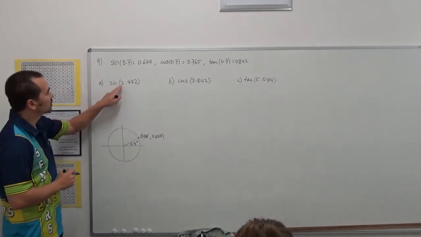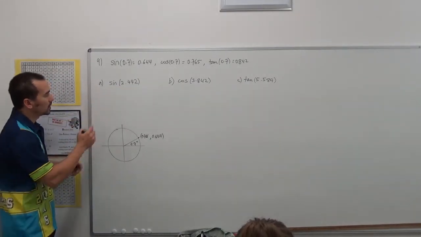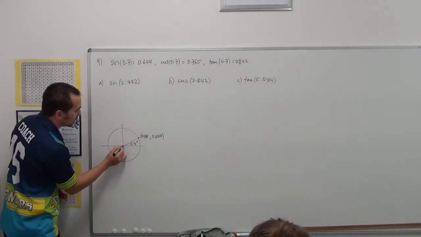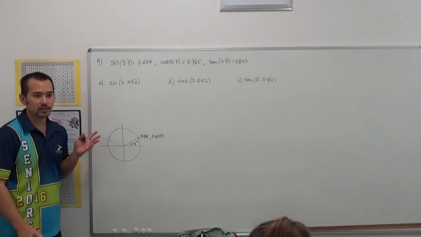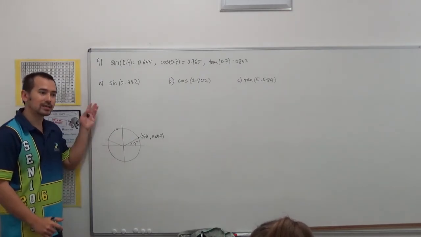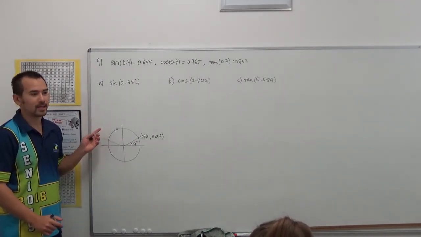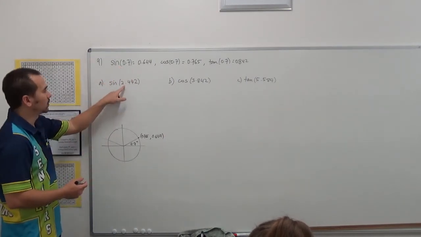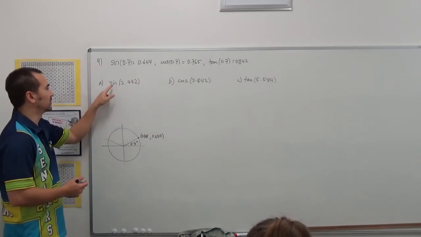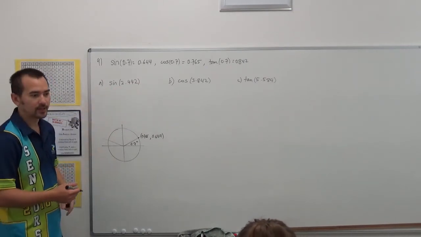So what is sine 2.442? Well, 2 radians is somewhere around here. Okay, now they're not asking us to use a calculator, they're asking us to use symmetry. Right? Anyone could just type in the sine of that and work out what the value is. In fact, let's just do that.